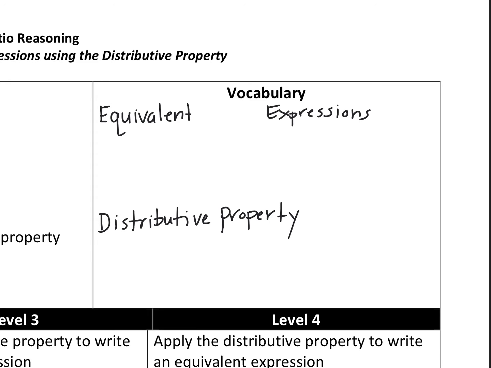Okay, for equivalent, equivalent just means the same. I'm going to give you an example right now. 4 plus 2 is the same as 3 plus 3, which is the same as 5 plus 1. They all equal 6. They're just different ways of writing it. So equivalent means the same. Expressions are problems with no equal sign.